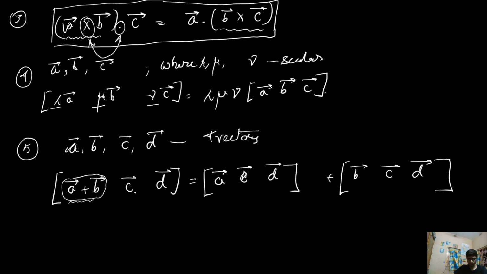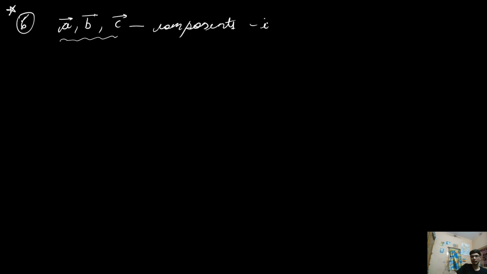Okay, so with this let us move to the sixth property. This is a very important property: how to calculate the value of the scalar triple product. For example, we have a vector, b vector and c vector in their component form, that is, the components are given in terms of i cap, j cap and k cap.